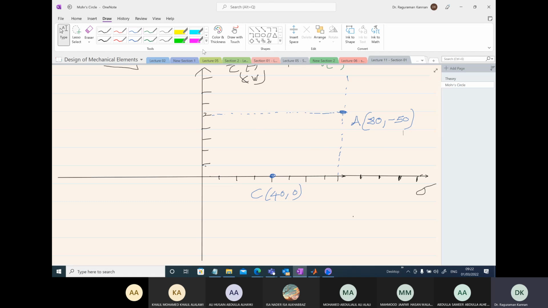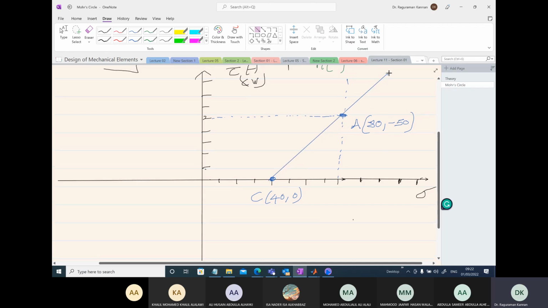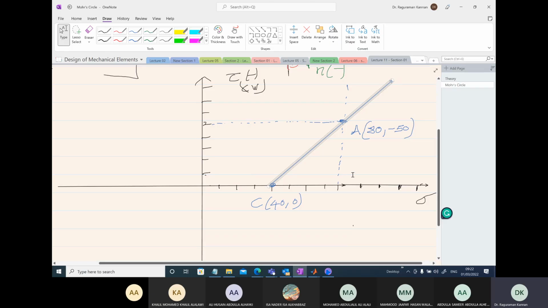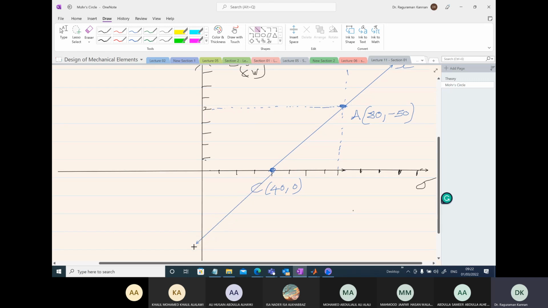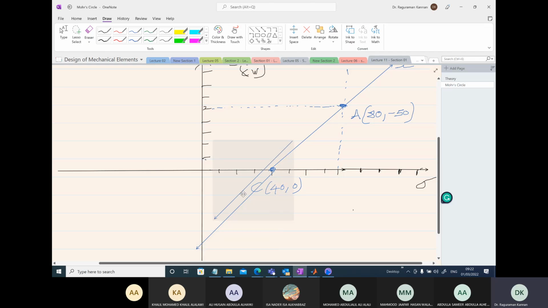Now let's join the points and call this the x-axis. So this is the x-axis direction here. Once we have the x-axis, we also have the y-axis, 180 degrees opposite direction. So we can extend it. 180 degrees, not exactly same point, but I'm unable to draw it in the same point.